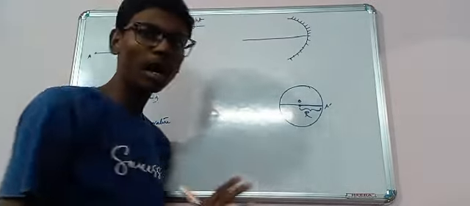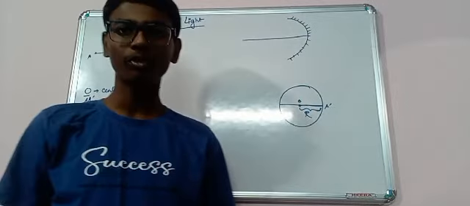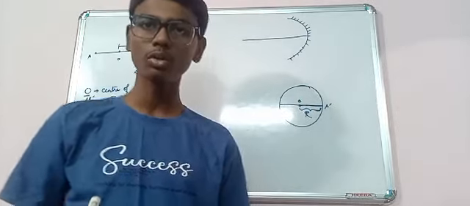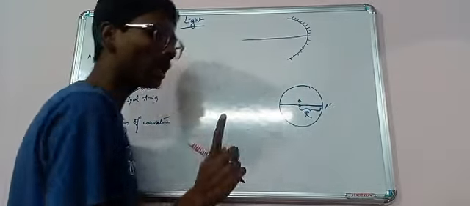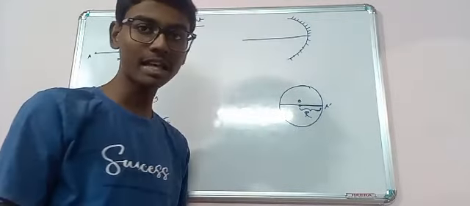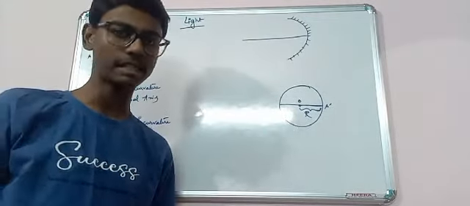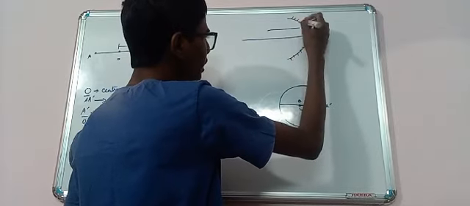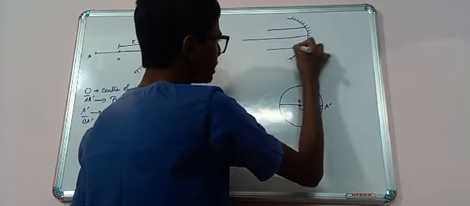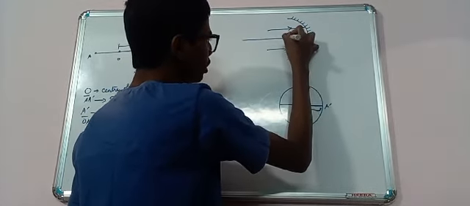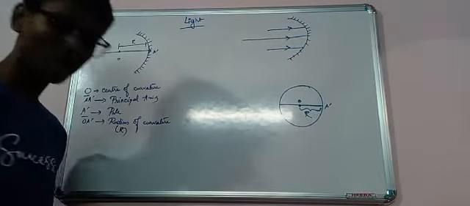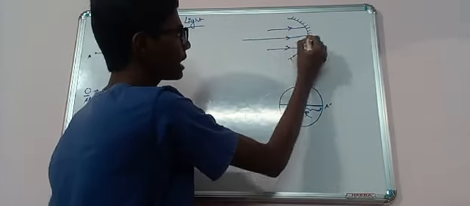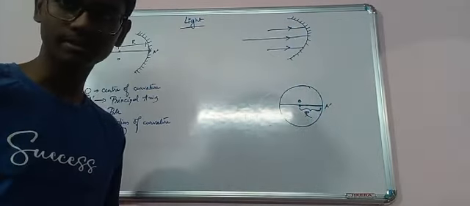I'm telling it now, otherwise I'll not be able to explain focus. Only one rule I'll tell now, then I'll move on with convex, and then the other 3 rules I'll tell. So, light rays which are parallel to the principal axis. Which is the principal axis? This is the principal axis, see, parallel to the principal axis, right?